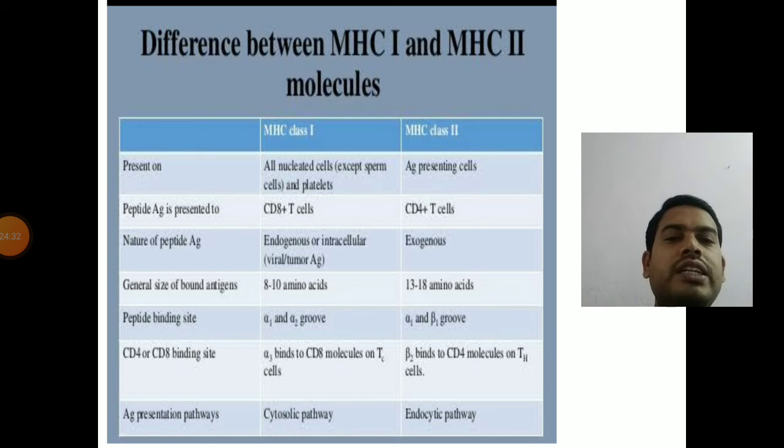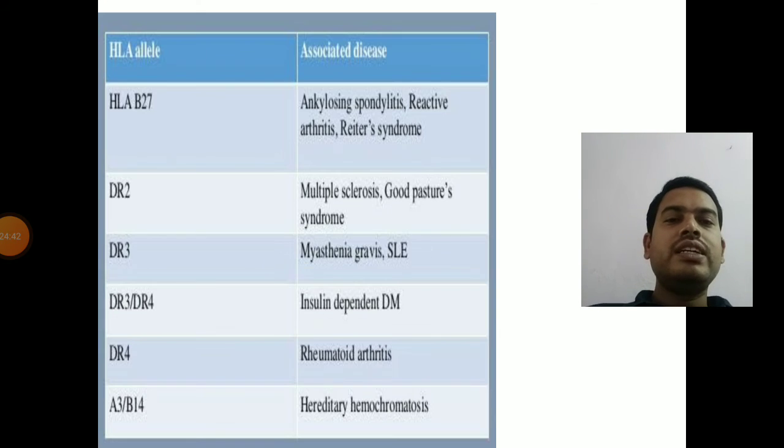Antigen presentation is by cytosolic pathway by class 1 MHC molecule, and by endocytic pathway by class 2 MHC molecule. So these are the major differences between class 1 and class 2 MHC molecule.